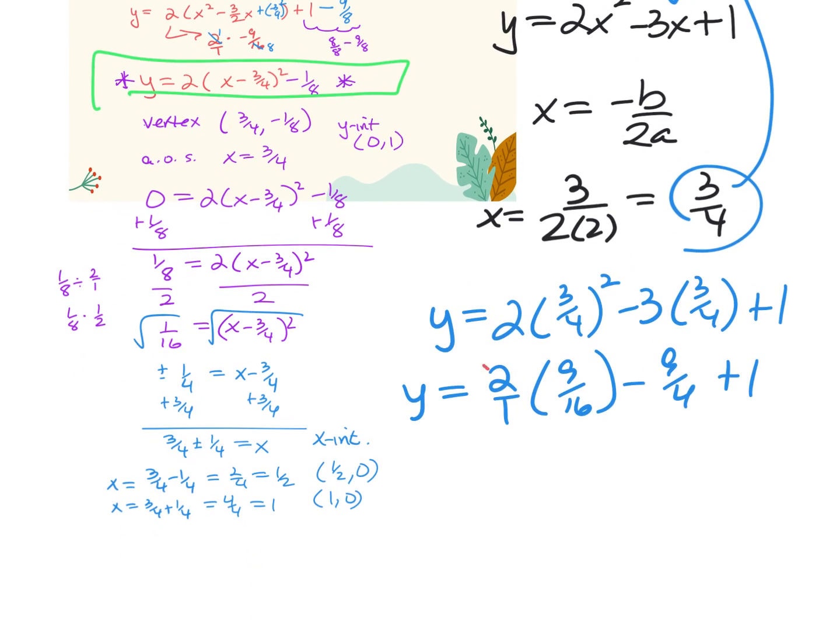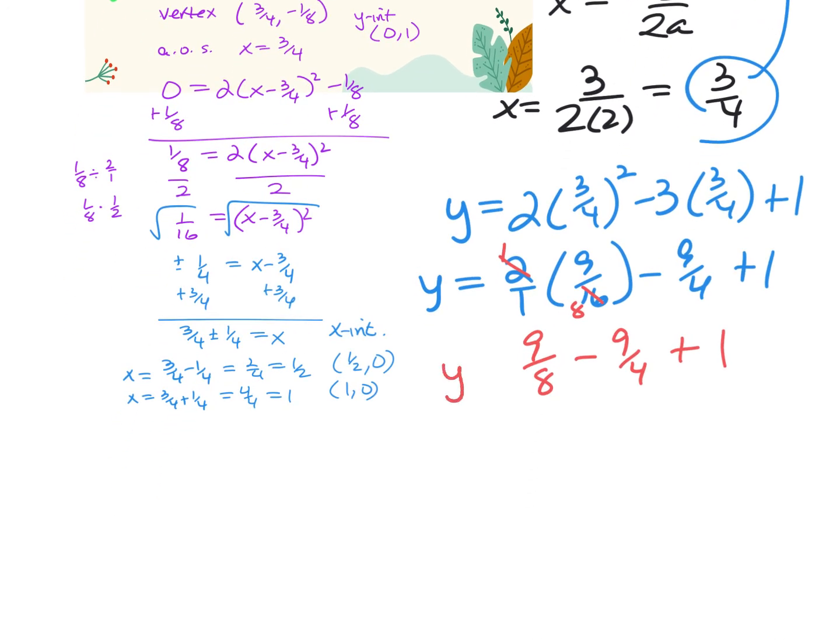I can simplify this, 1, 8. So I get 9/8 minus 9/4 plus 1. So now I need to find a common denominator. It's going to be 8. I'm going to change 9 over 4 into 18 over 8, and I'm going to change the whole number 1 into 8 over 8. So then now what I can do is subtract.